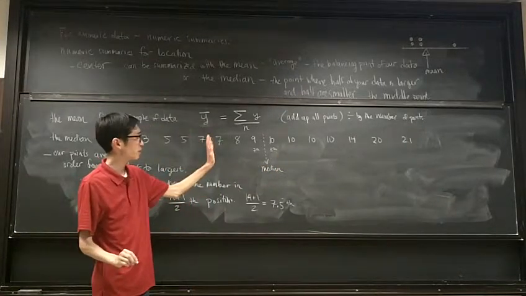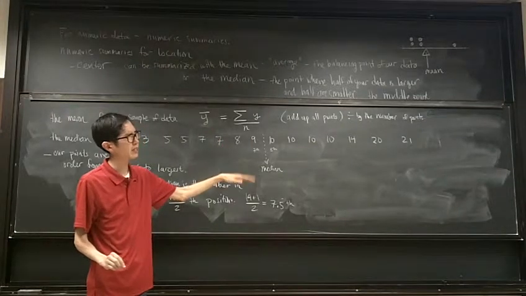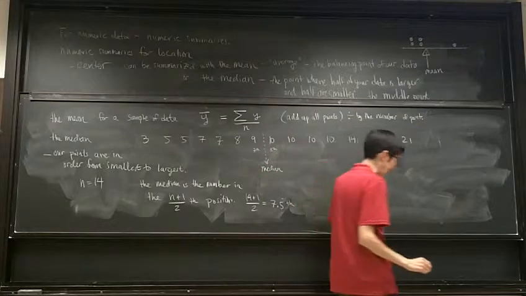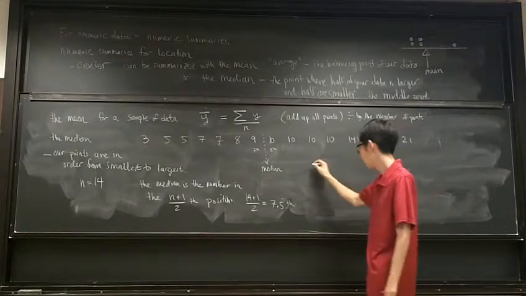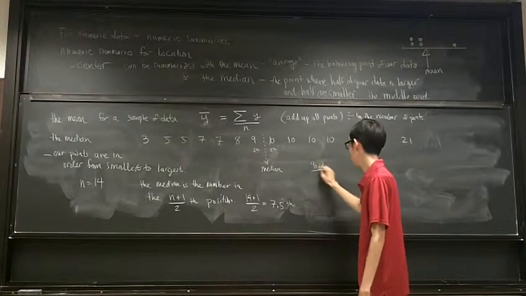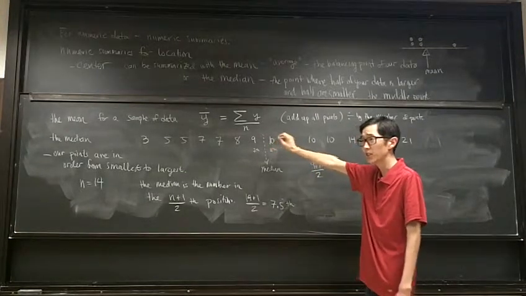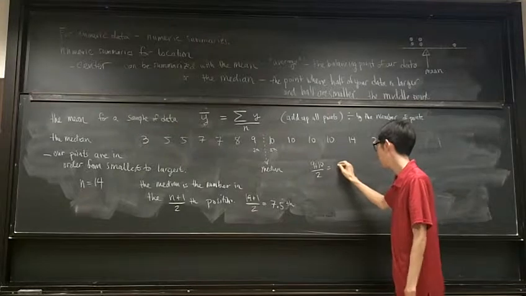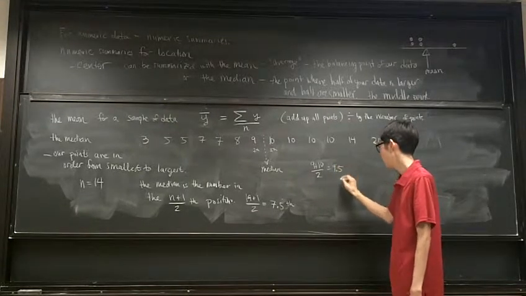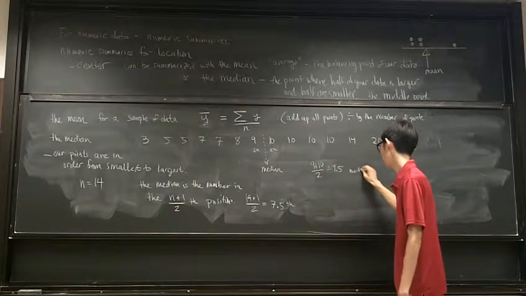It's going to be the number that's halfway between 9 and 10. So, we can intuitively say that's 9.5. But if you aren't sure, you do 9 plus 10 divided by 2. Just take the average of the two middle numbers, and you get 19 over 2, or 9.5. This is my median.